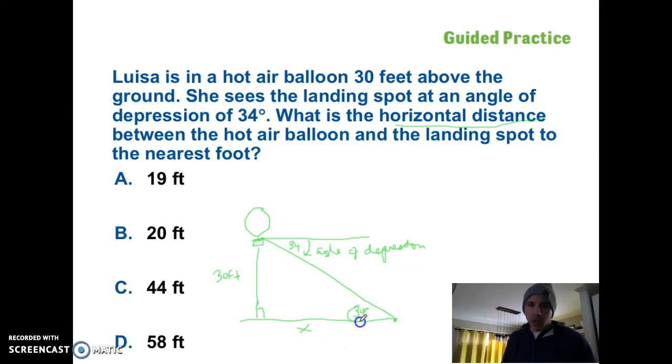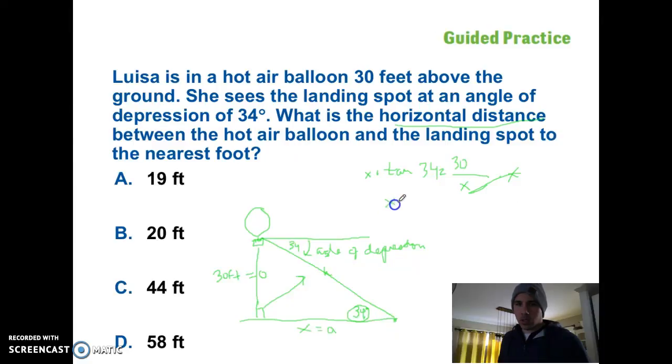Okay, let's set this up. First thing I'm going to do is label this triangle. Here's my hypotenuse. Here's my opposite. Here's my adjacent. The only thing that has opposite and adjacent is, you guys already know this, tangent. So tangent 34 equals opposite 30 over x. I'm going to go ahead and set this up nicely. Times x on both sides.